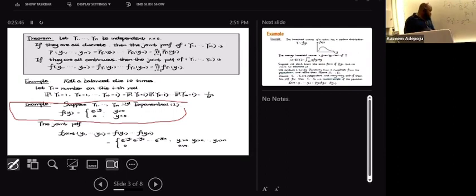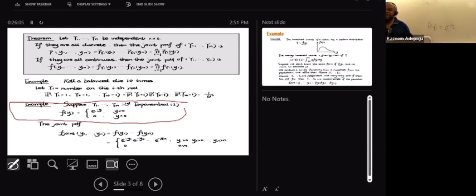Since y1, y2, up to yn are identically distributed, f of y1 is going to be this, and f of y2 is going to be this.